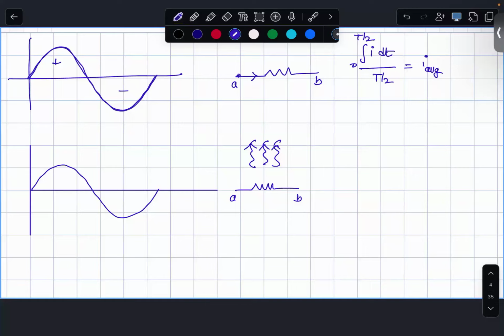So what is the heat generated at any instant? It is I square R, power. I square R dt is the heat, 0 to T for one cycle, and such cycles I am taking, and divided by T. Now this is the heat generated due to AC current.